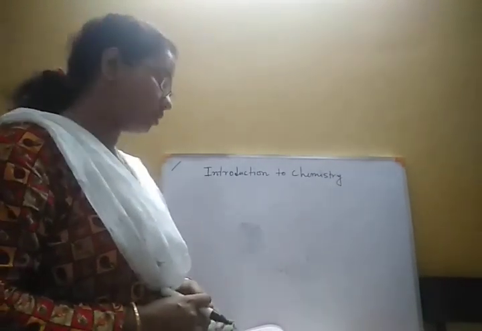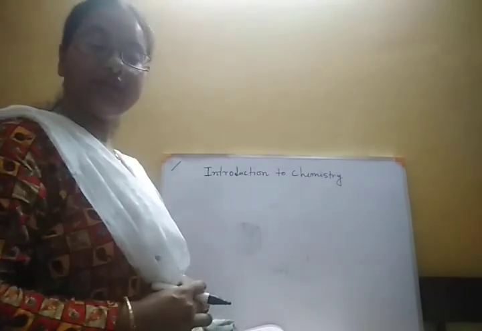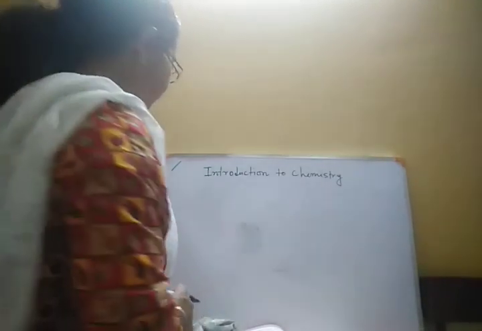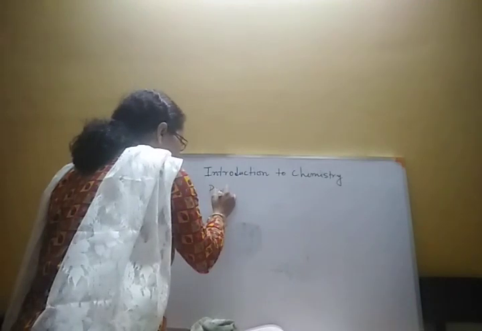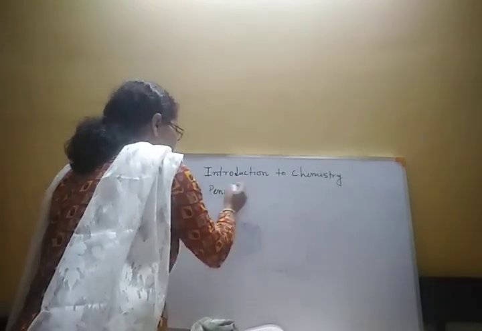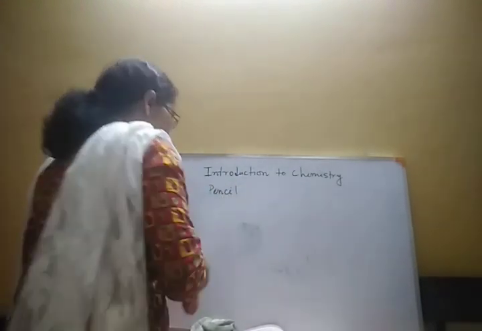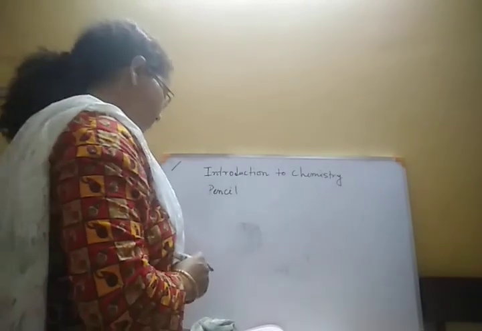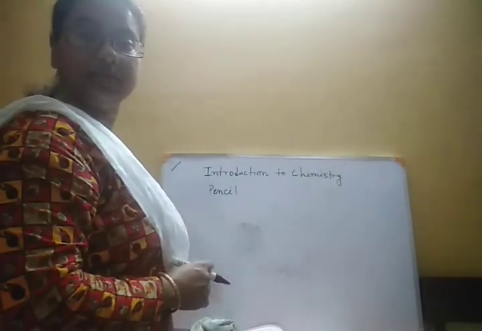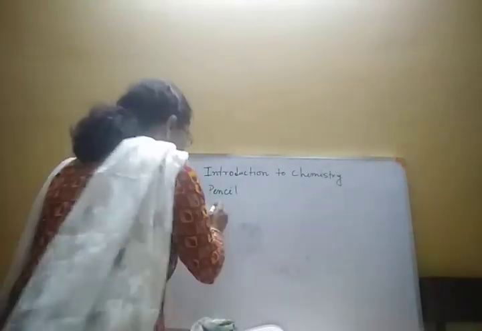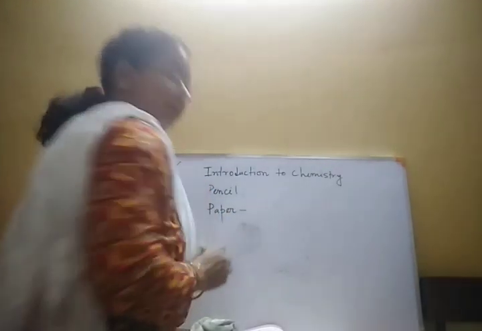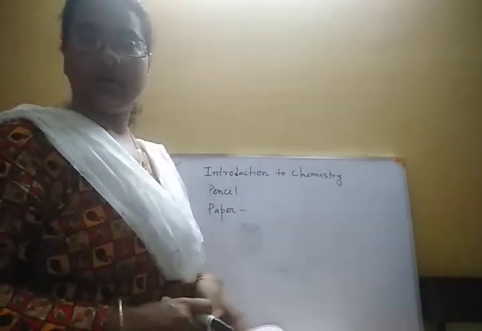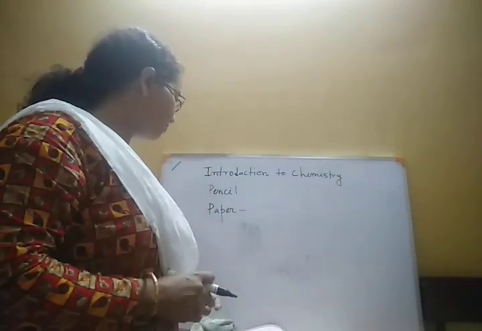Which we have discussed: we have discussed pencil, then eraser. Paper we have not discussed yet. Paper is a very useful ingredient. How do we get paper?